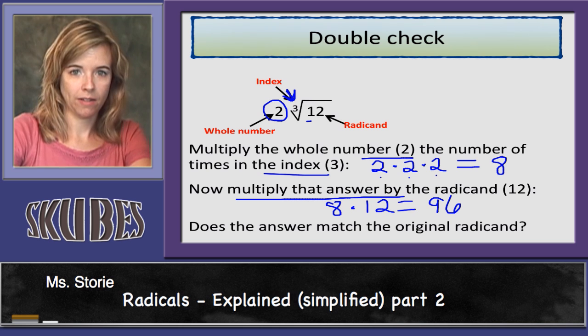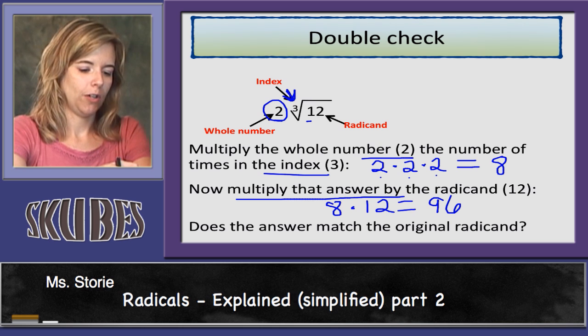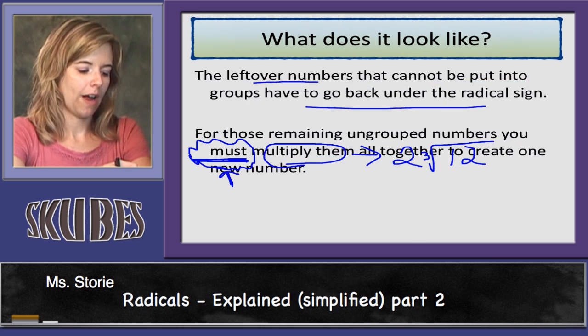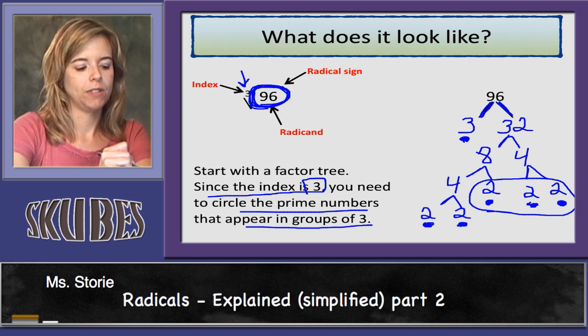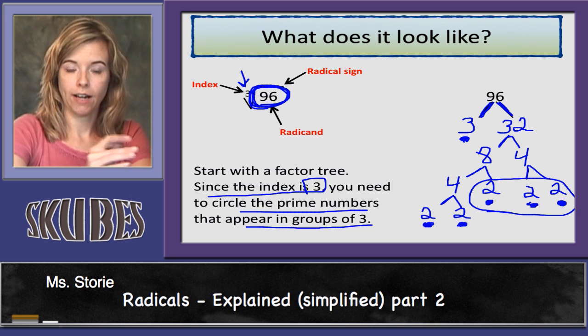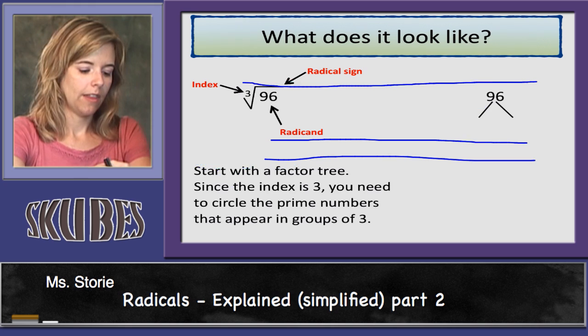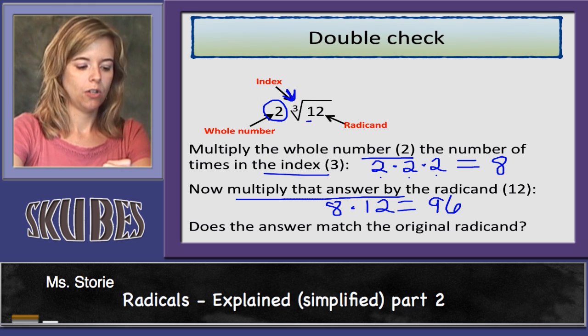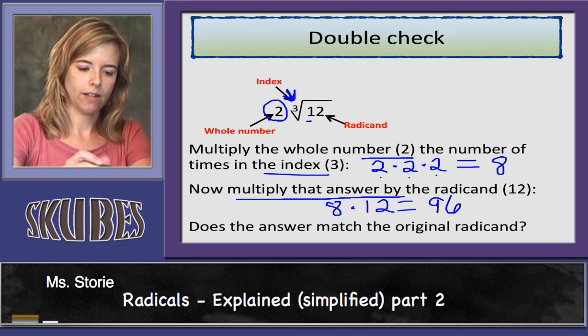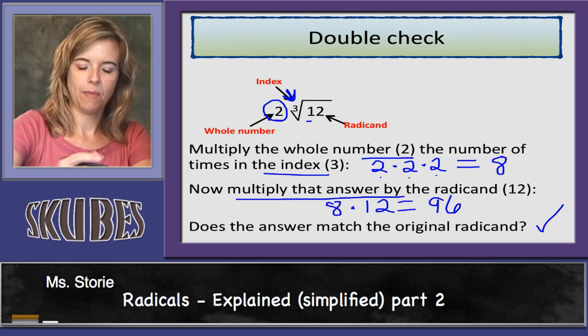And why is it so important that it equals 96? Well, if we go back and look at our original radicand, there's the number 96. When we did our double check, we matched our original radicand, which means our answer of 2 cube root 12 is correct. It did match.